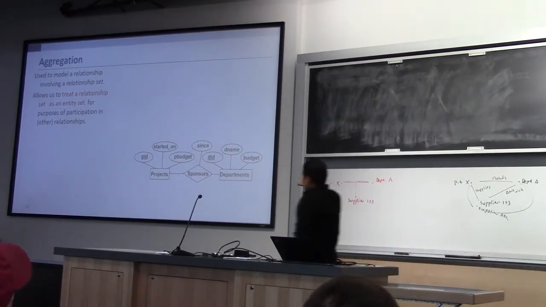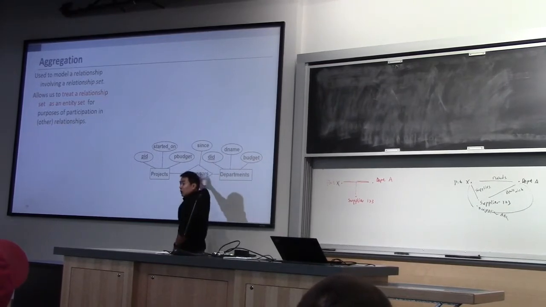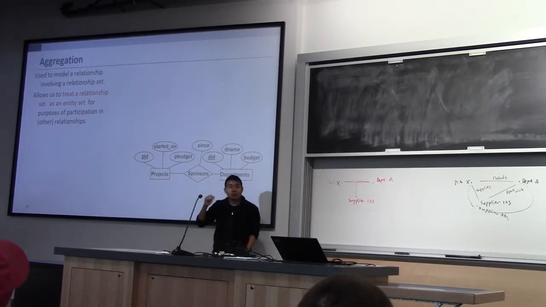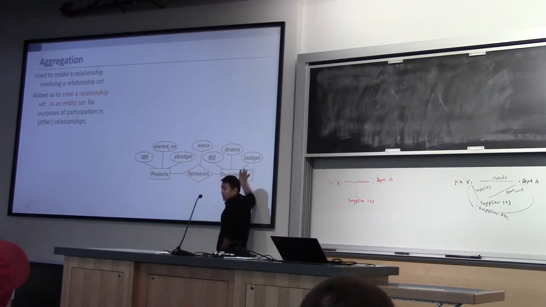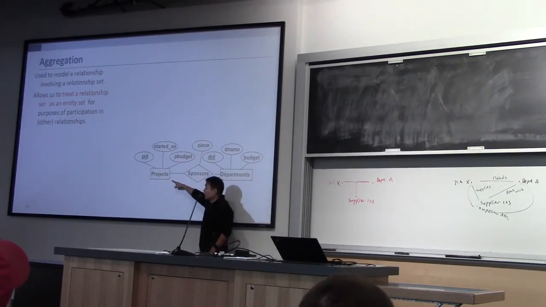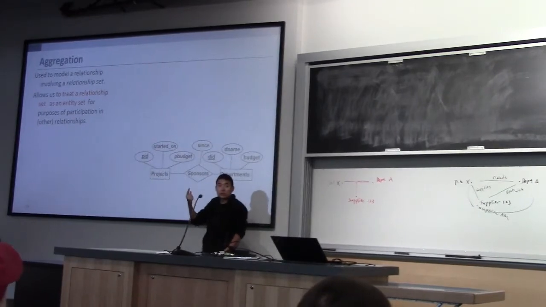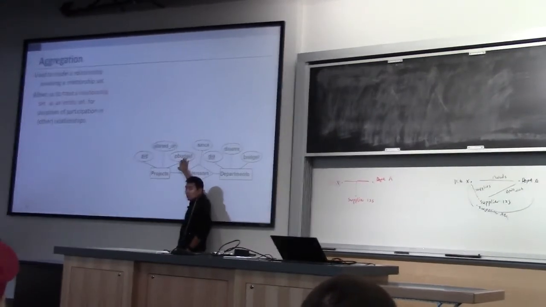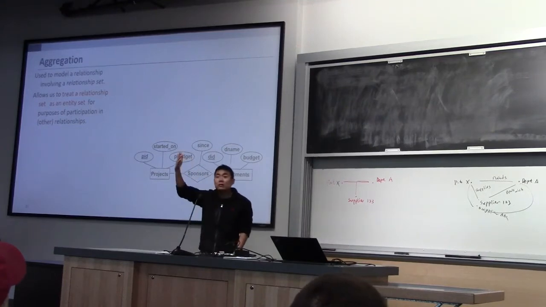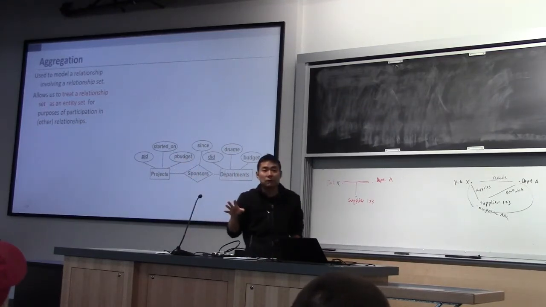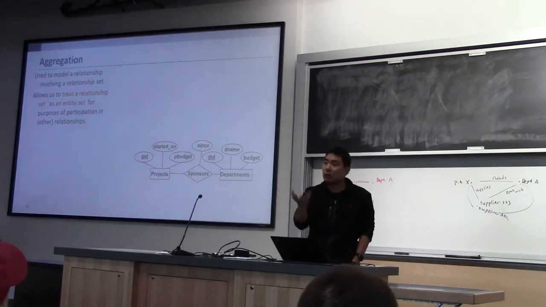So this is a simple ER diagram to capture that. Each project has a budget. Of course, the total sponsorship a project has to secure must be equal to this, and the total sponsorship coming out of a department must be less than or equal to its operating budget. Those are additional constraints you will have to specify using constraint checking that we will later talk about.